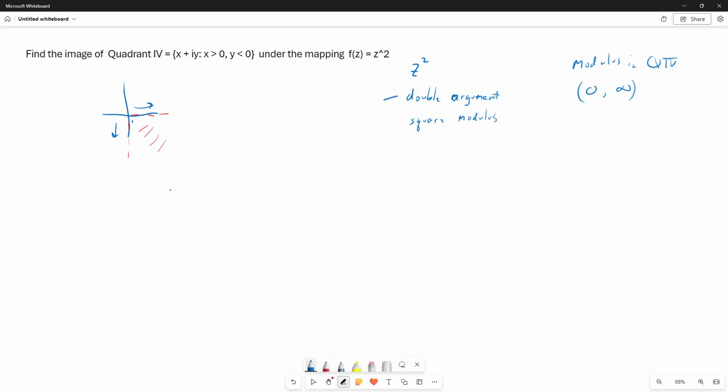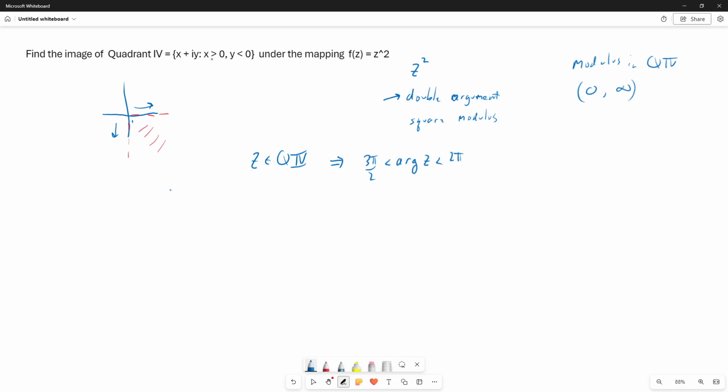Now, as for the argument, if z is in the fourth quadrant, then that means that the argument of z, or an argument of z, is between 3 pi over 2 and 2 pi.